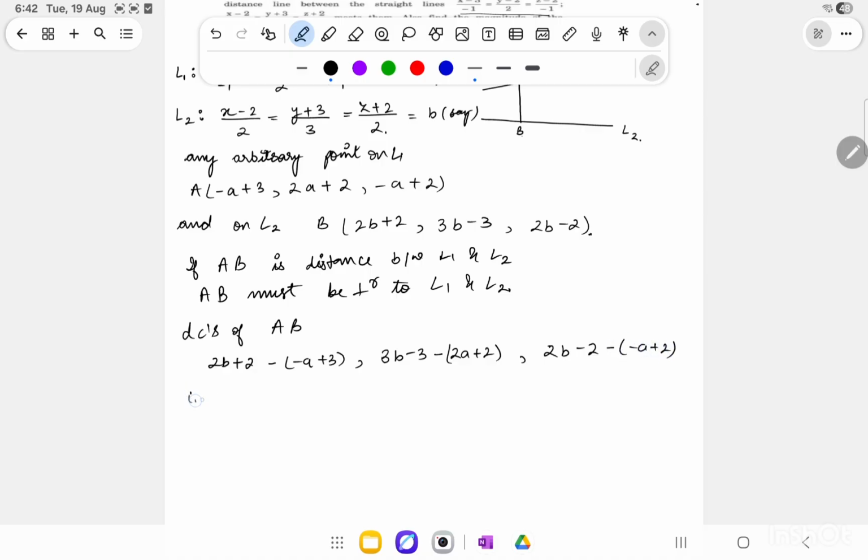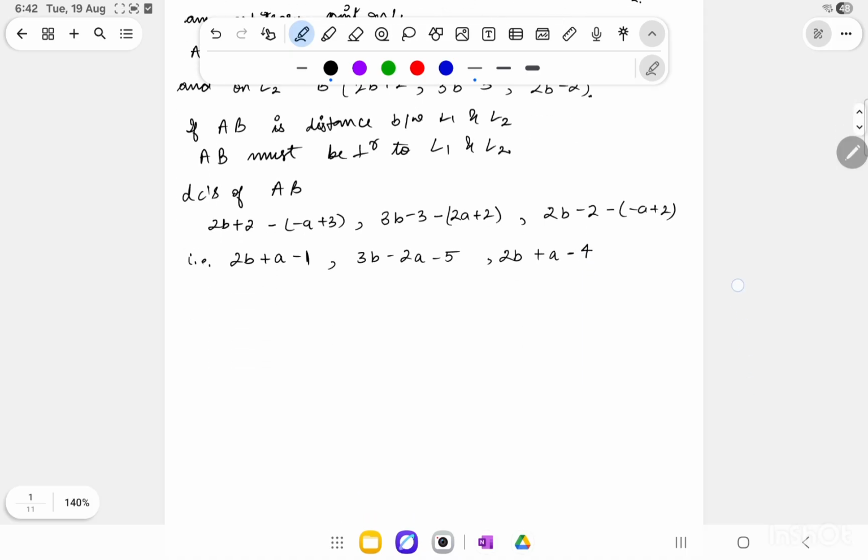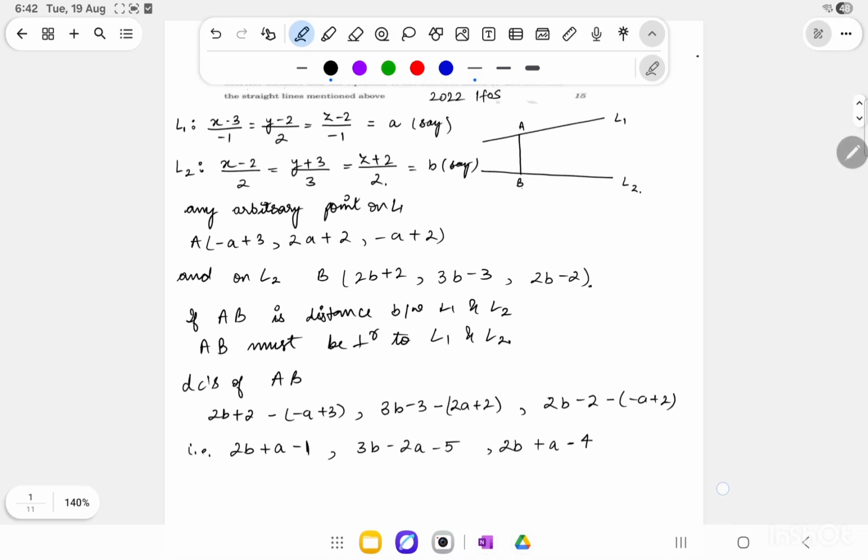If I simplify it, I will get 2b plus a minus 1, 3b minus 2a minus 5, 2b plus a minus 4. So these are my direction ratios of line AB. So this line with direction ratios proportional to this must be perpendicular to L1 and L2.